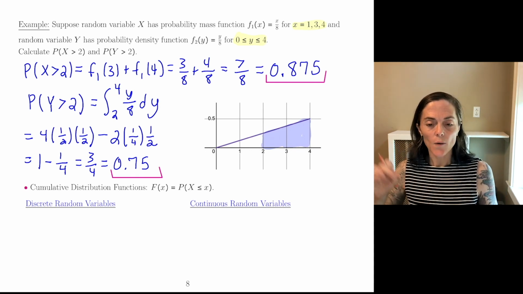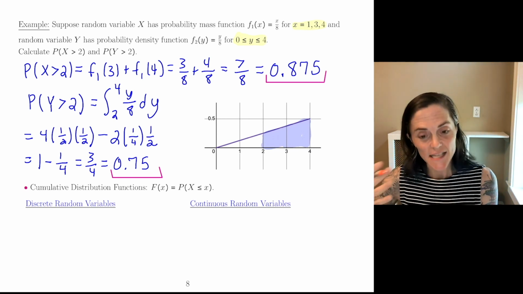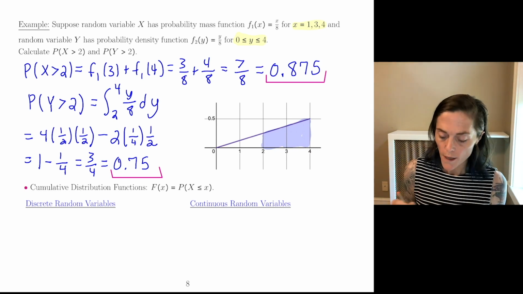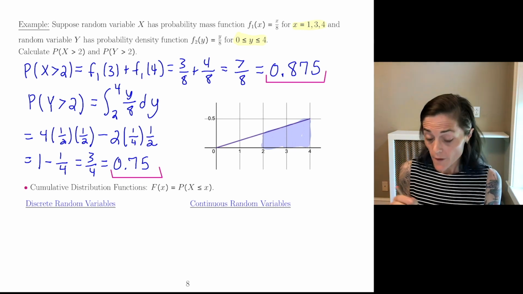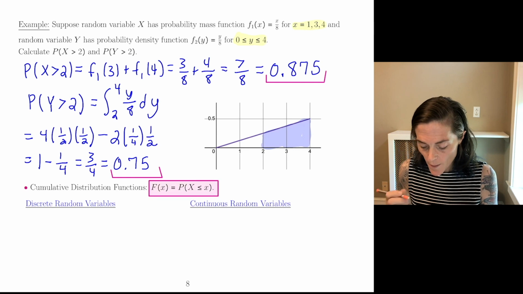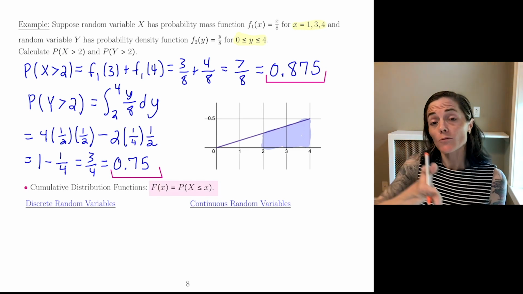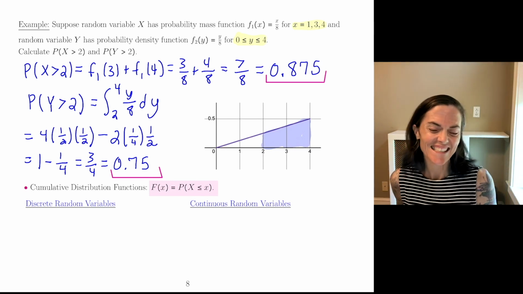Lovely. Now, as I mentioned, I'm only going to briefly discuss cumulative distribution functions because we're going to do this much more. So every random variable has a cumulative distribution function. In fact, it's really defined the same. You take the probability, so capital F of x is the probability that the random variable is less than or equal to little x.